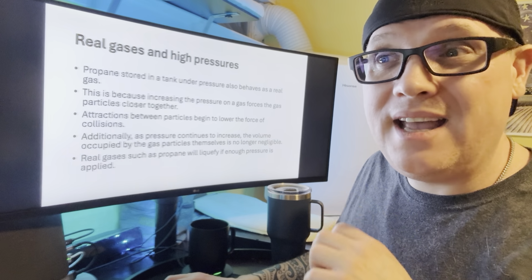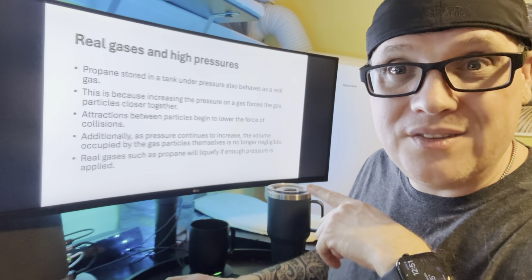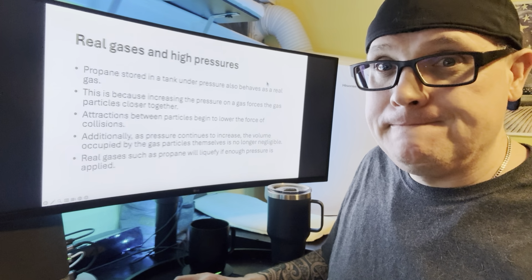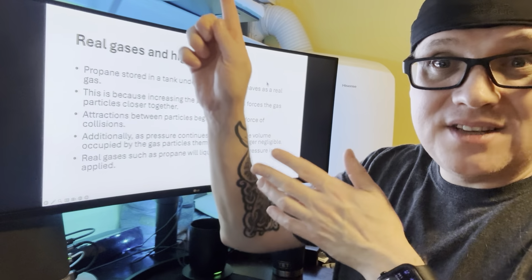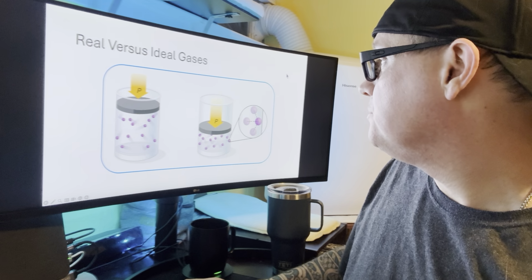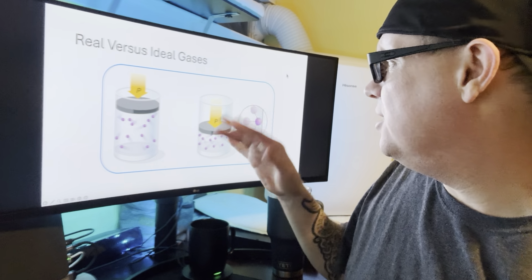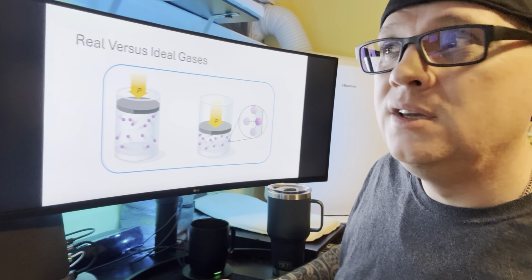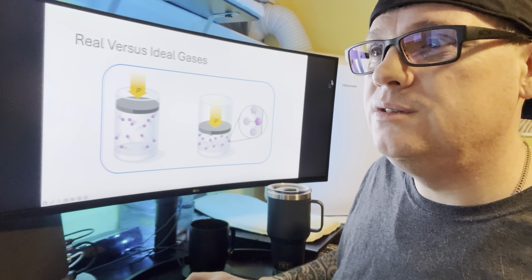You might even see it say liquid propane or LP on the side. That's what they're trying to tell you, right? But the minute I crack the thing open, it's gas coming out, because it's so much hotter outside than it is inside that tank. And here you can see a little bit of how, as I pressurize it, the particles get close together, they start to act like liquid. That's what they're trying to tell you here with this little image.